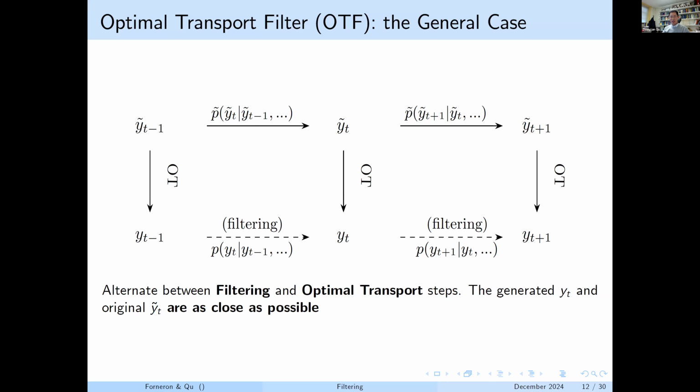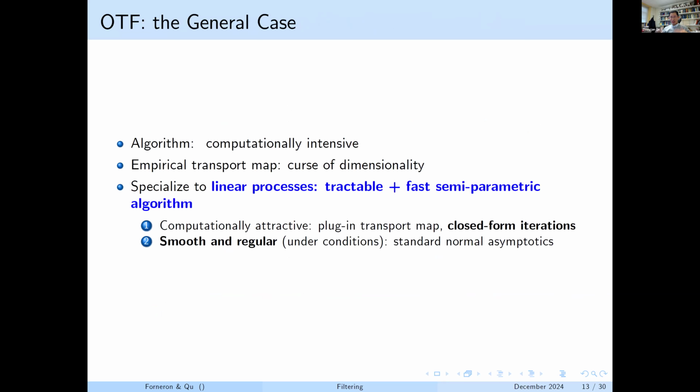So that's for the general case. I hope it's already clear that it can be done in principle for nonlinear models. But at the same time, because there's a numerical component to it, it's going to be computationally intensive, and it also has the curse of dimensionality going on in the process.